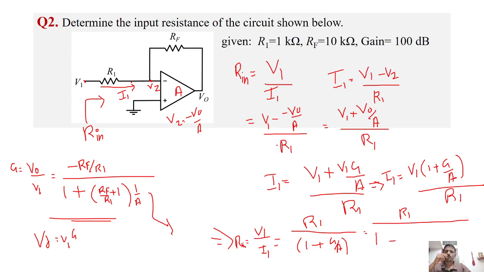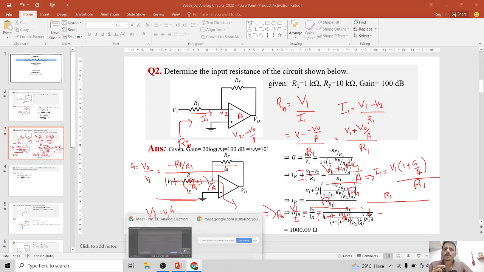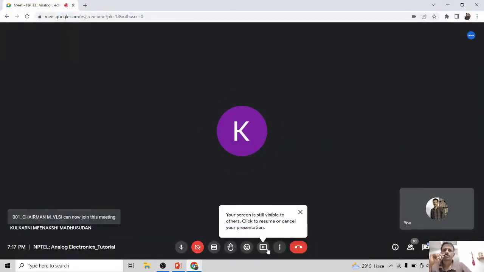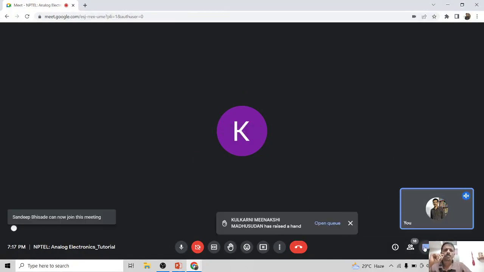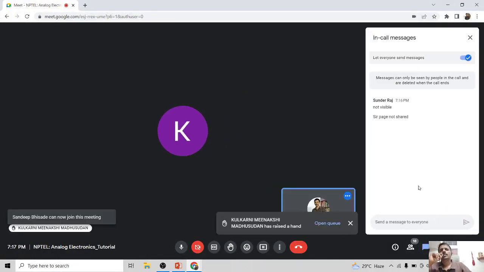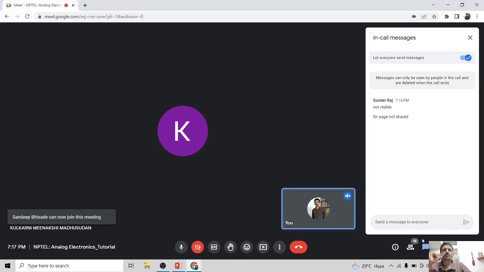Hello, it's not visible. Is it not visible to anyone? Let me check. It's shown that no one is able to see. Can anyone else please message? It's visible. Okay.